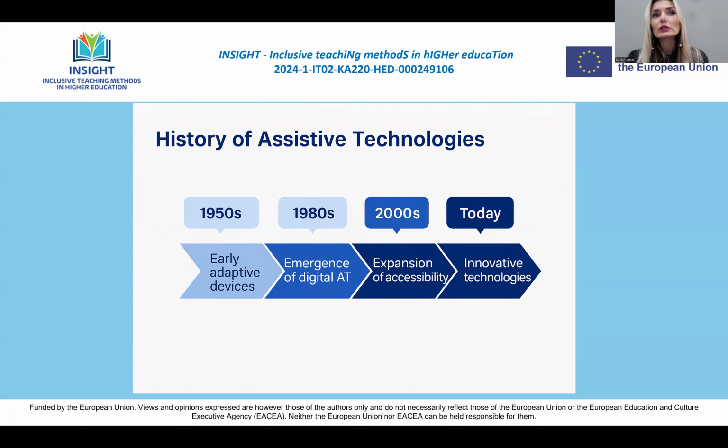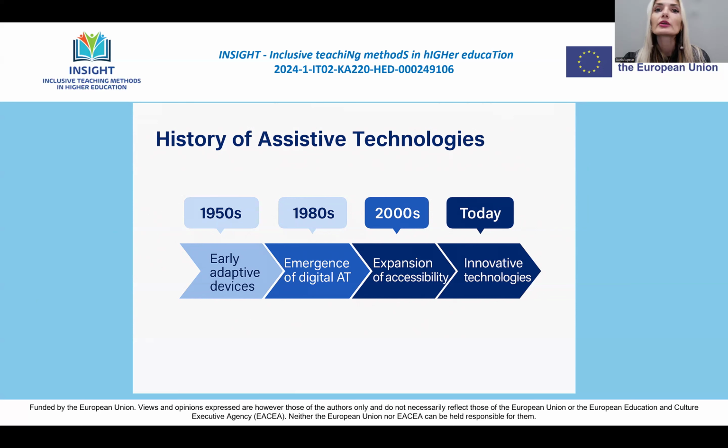When we speak about the early 2000s to the present day, assistive technology has evolved into intelligent systems that use machine learning algorithms, artificial intelligence, cloud technologies, and biometric sensors. And today innovative technology, and this process began to change after 2017 when Nordic countries launched an inclusive educational reform, and a number of regulations were adopted and provided for assistive technology.